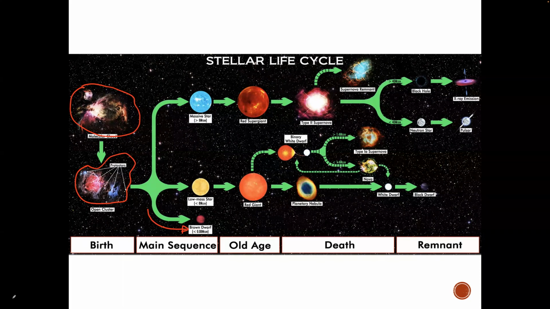And then we talked about the stars that have a mass less than 8 solar masses, and their process we discussed last time. It will become a red giant, then a planetary nebula, and then a white dwarf, right?